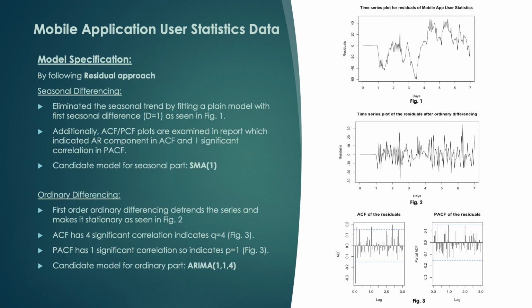For forecasting, we have to find the best suitable model for the data, and we do that by following the residual approach. We first deal with the seasonality trend by performing the first order of seasonal differencing, which results in filtering out the seasonal trend. After examining the ACF and PACF plots, we get the candidate model SMA1 for the seasonal part.